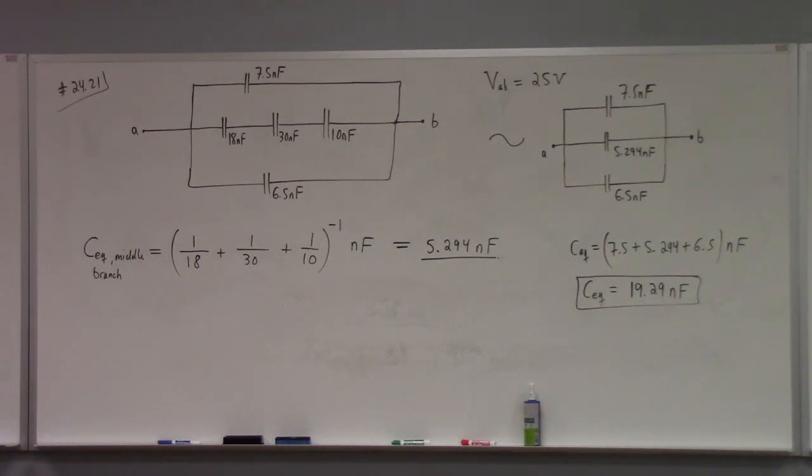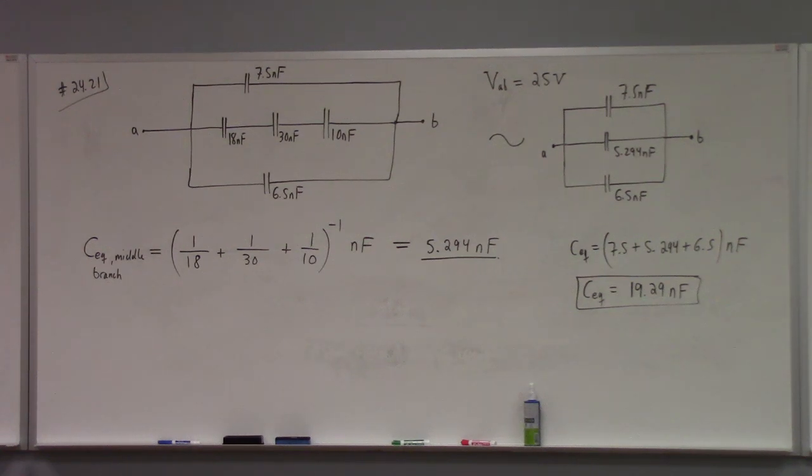All right, so 51's another equivalent capacitance problem, but it's also got energy involved. So, I have a question. Go for it. If there's a capacitor on one branch, does there have to be a capacitor on all the other branches? No. But if there was, would that capacitance be zero then? Like in the example you did just before this, the 24.21.